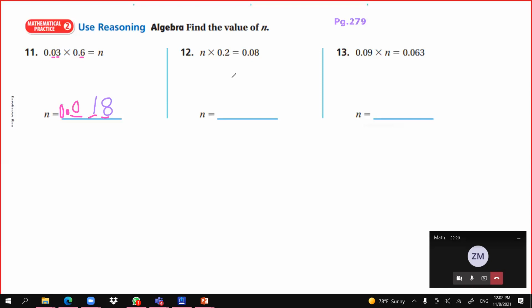Yes, now, Maryam. Here we have n times 0.2 equals 0.08. I want you to give me a number that you multiply by 0.2 to get 8 hundredths. 0.4. How do you know that it is 0.4?